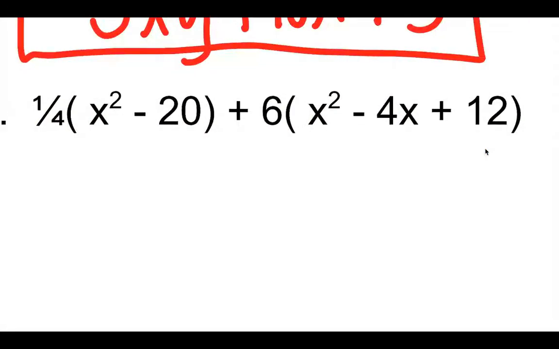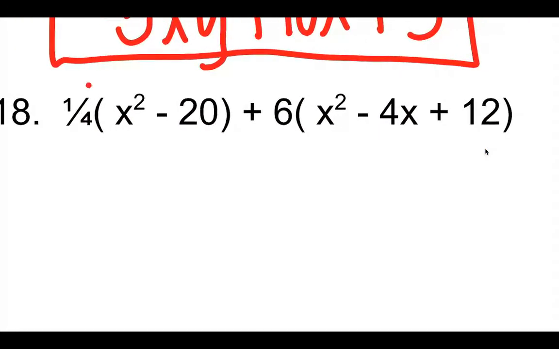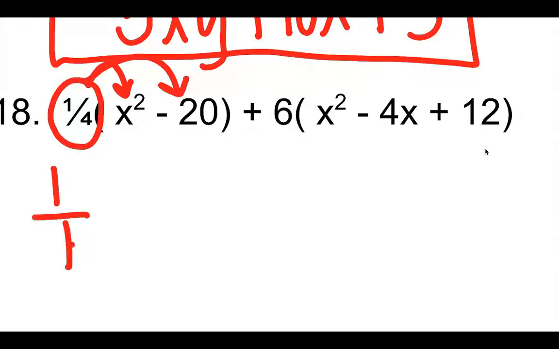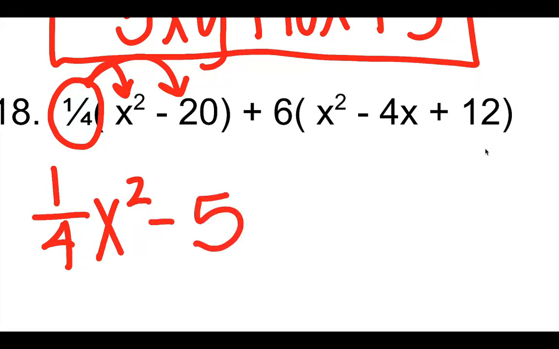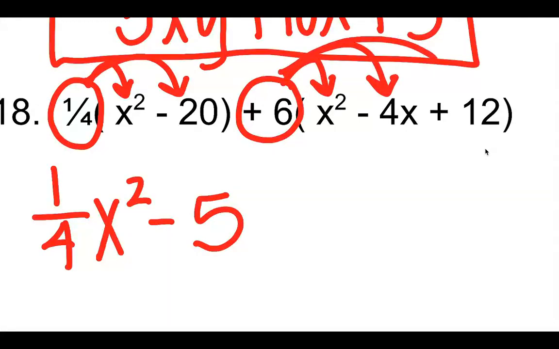18, I've got to distribute both places. So I've got to do 1/4 times everything in here. 1/4 times x squared is just going to be 1/4 x squared. 1/4 times negative 20 is really like taking negative 20 and dividing by 4. So I've got negative 5. I also have to distribute the 6 to everything inside of the parentheses.